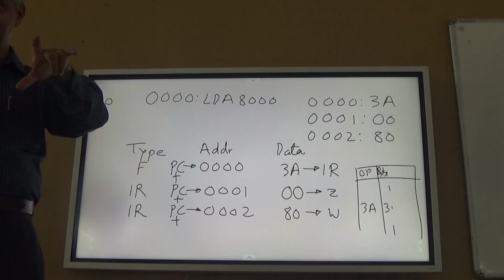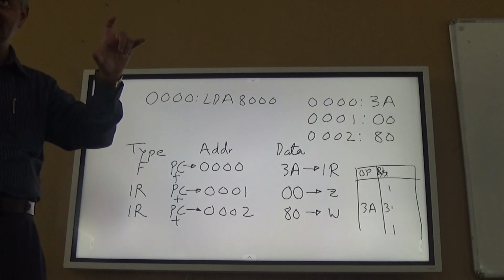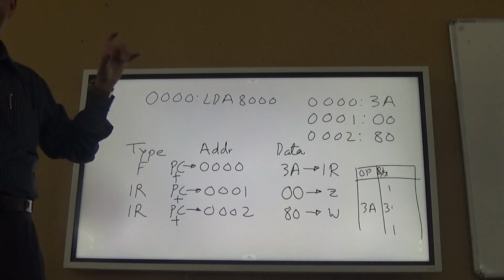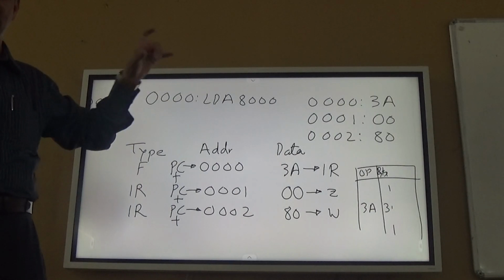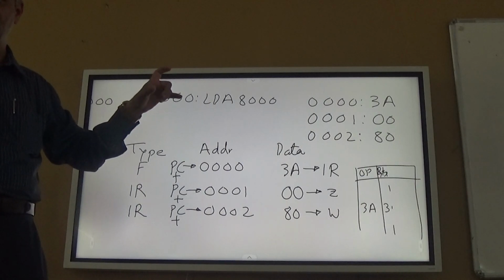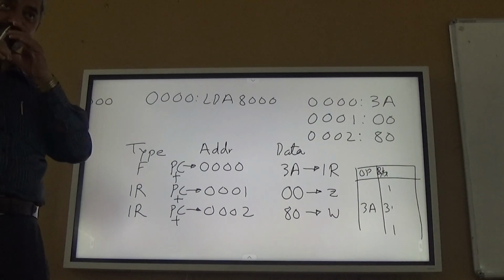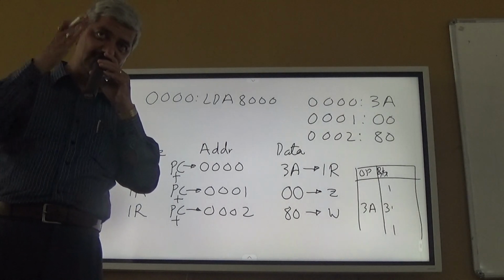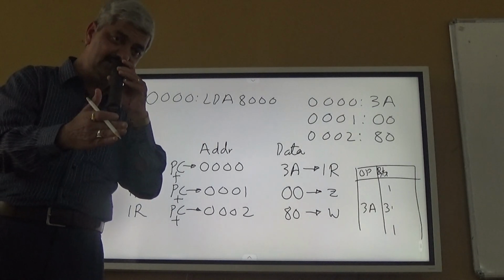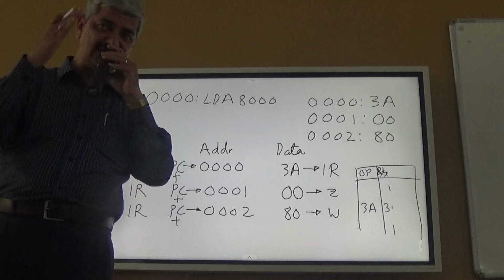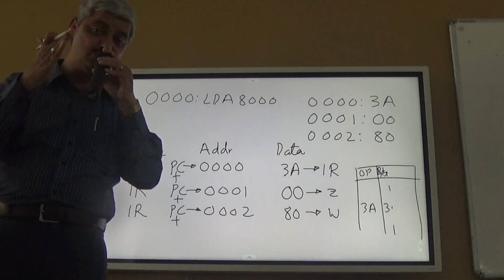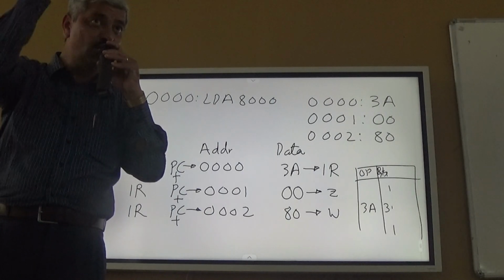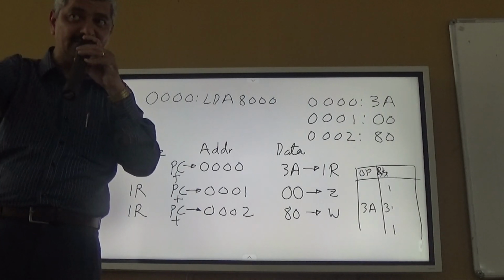So for the first 3 cycles being instruction read, who gave the address? Program counter. Then at the end of 3 machine cycles, the instruction reading is complete, but the instruction execution also requires one more cycle because the operand is outside.